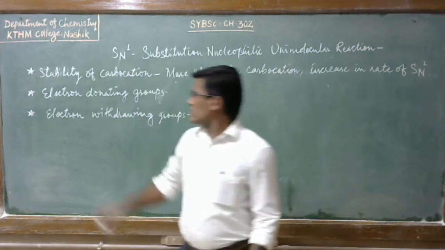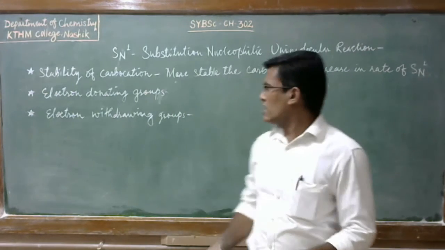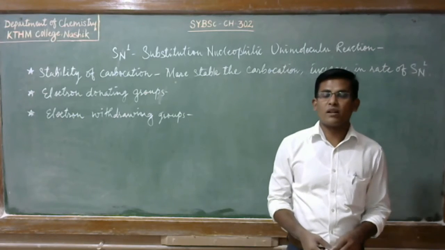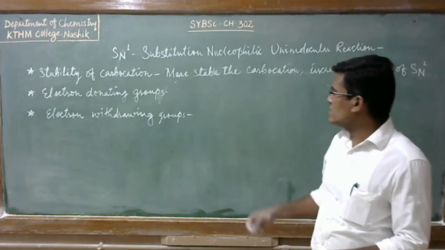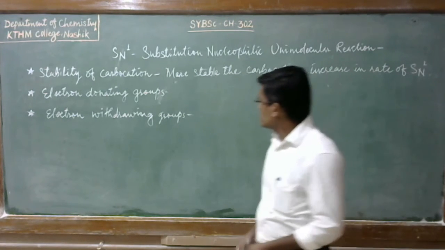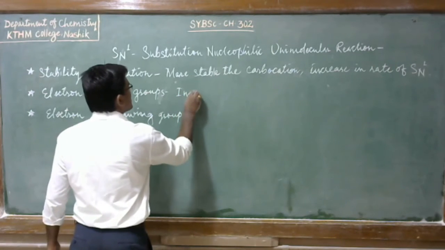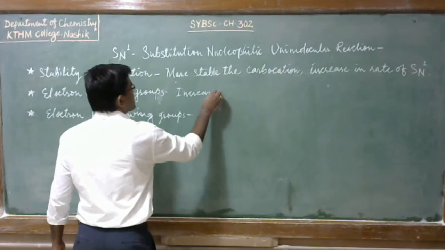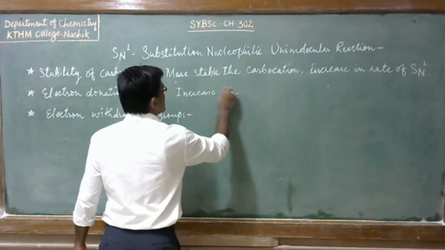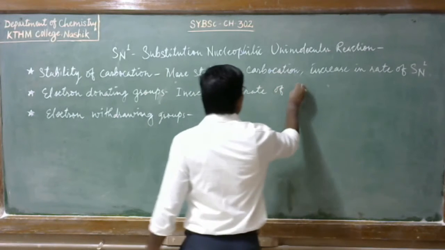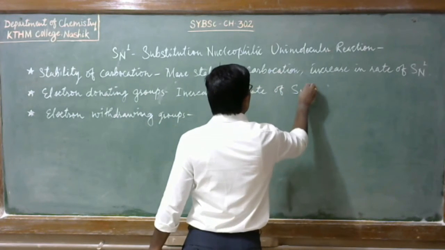So the electron donating group releases the electron, donates the electron to the carbocation. That means it will increase the rate of SN1 reaction.